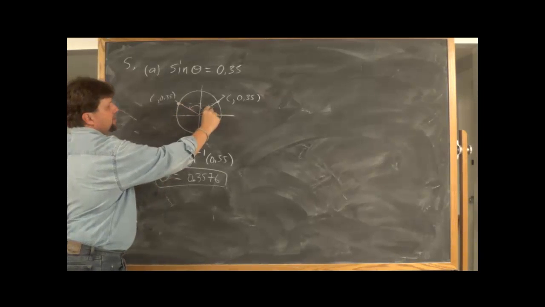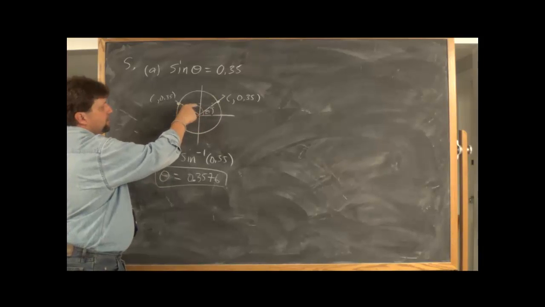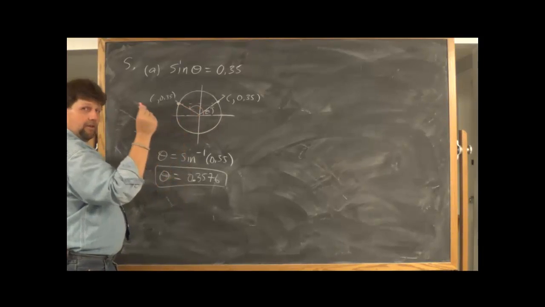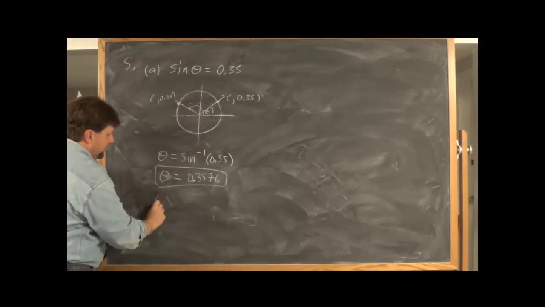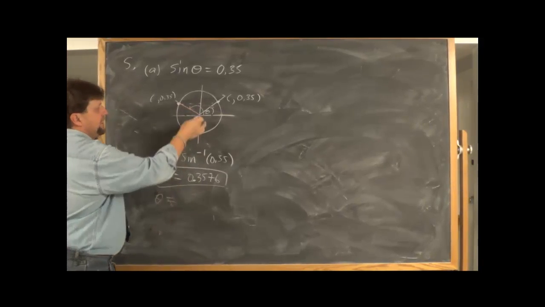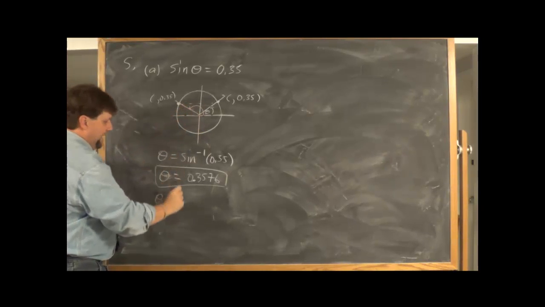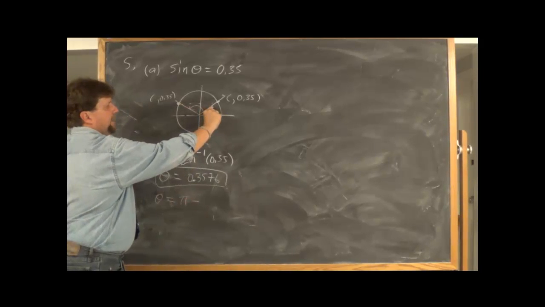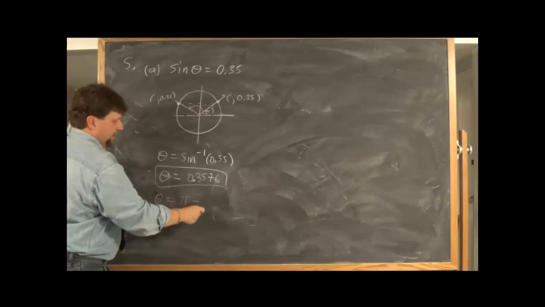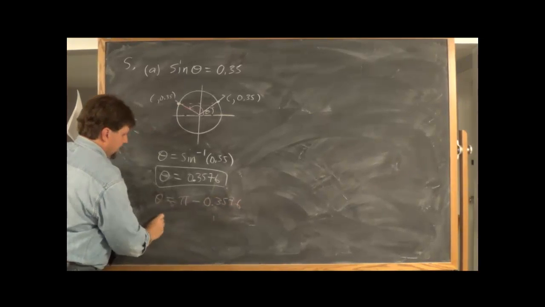Since these 2 little angles here have the same magnitude, to get this rose-colored angle, I'm going to call this rose-colored chalk, I just simply need to come from here to here, which is a measurement of pi, and subtract off the magnitude of that angle, the 0.3576.